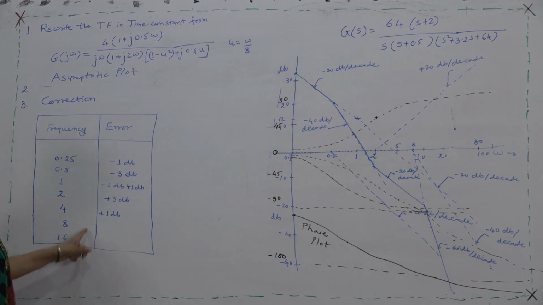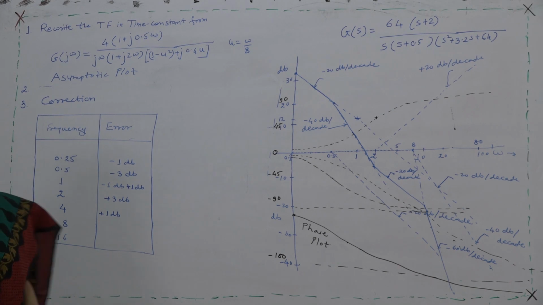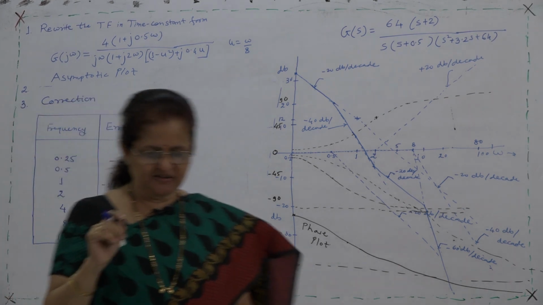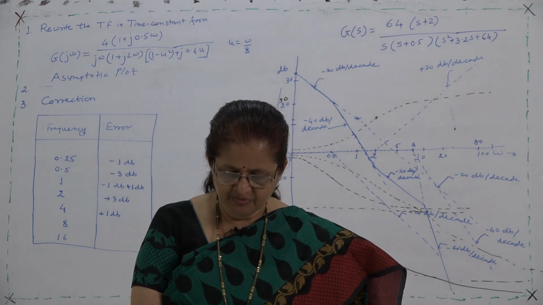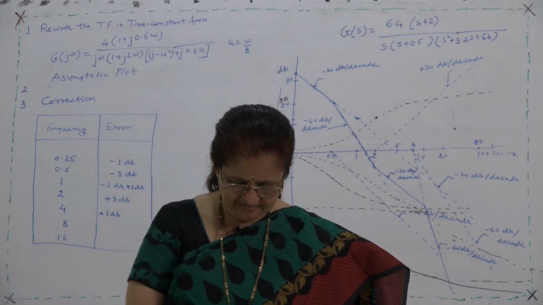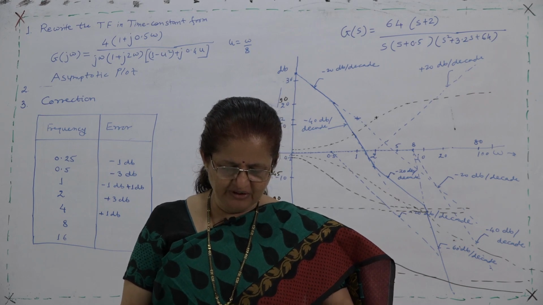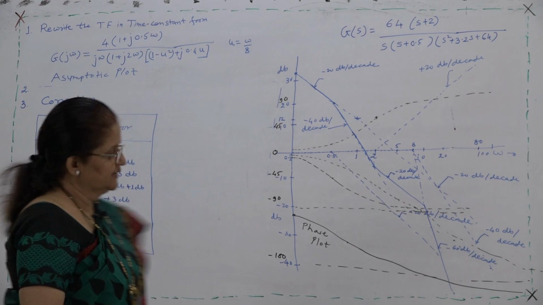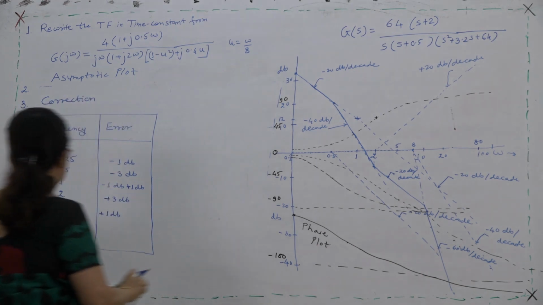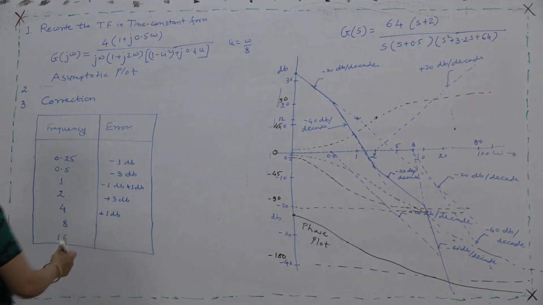Now, here the error is different. So, what is your error? You have to consider the damping factor also. So, with considering the term, we have considered the error. What formula we have seen here for the error?